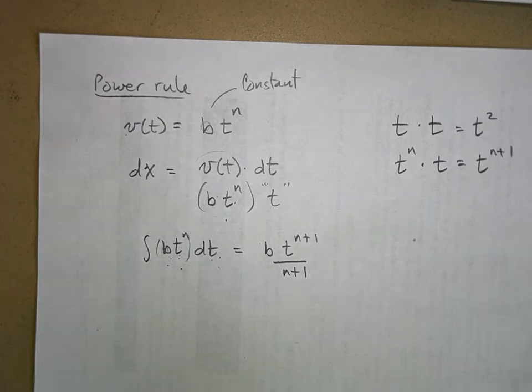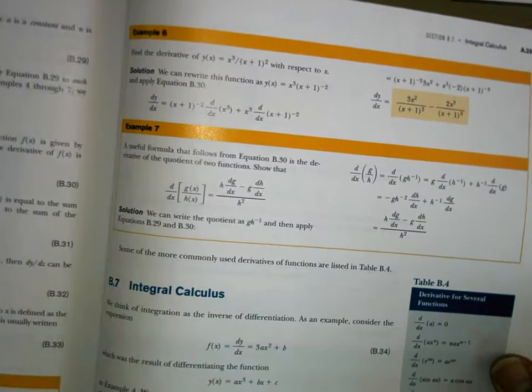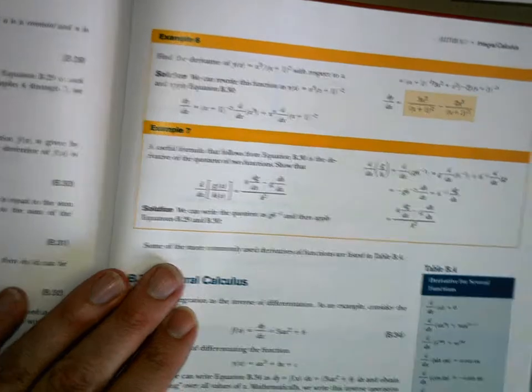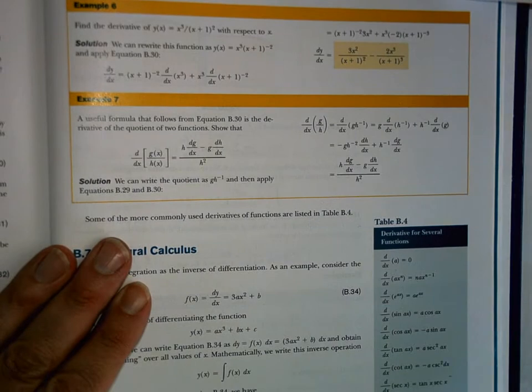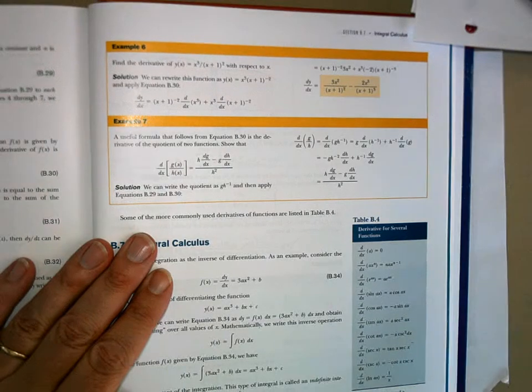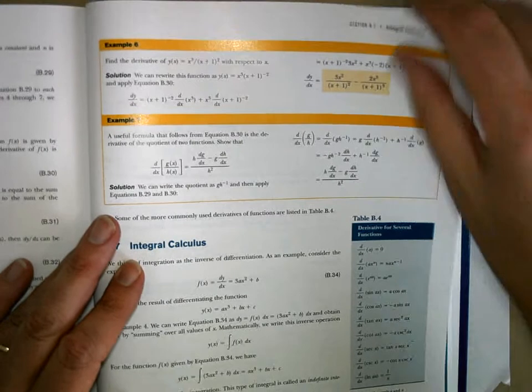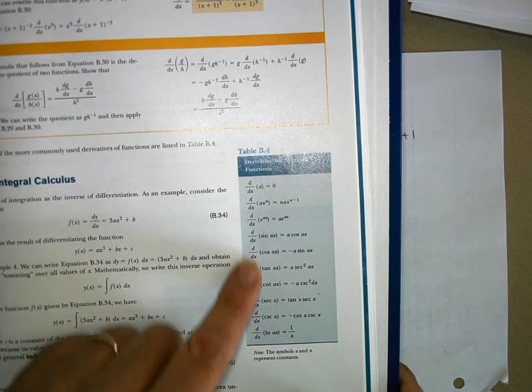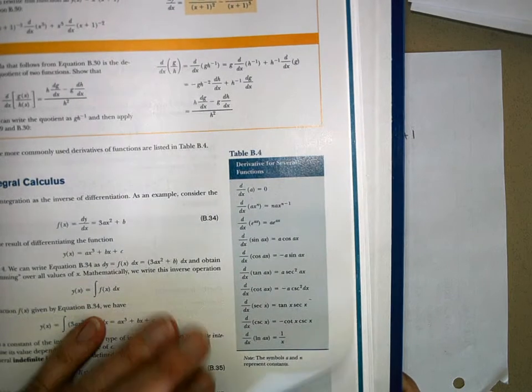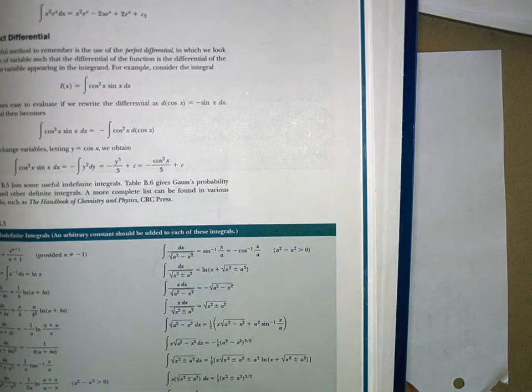But if you open your book to integral calculus, A25, let's zoom out. Actually, I'm going to zoom back in here. They have this little table here. Oh wait, those are the derivatives. Oh, here it is. They have this table here.